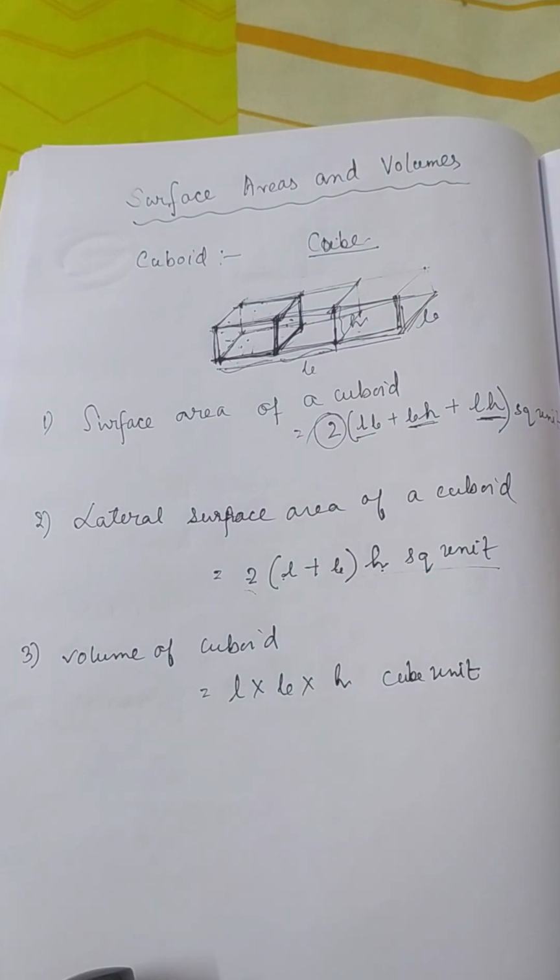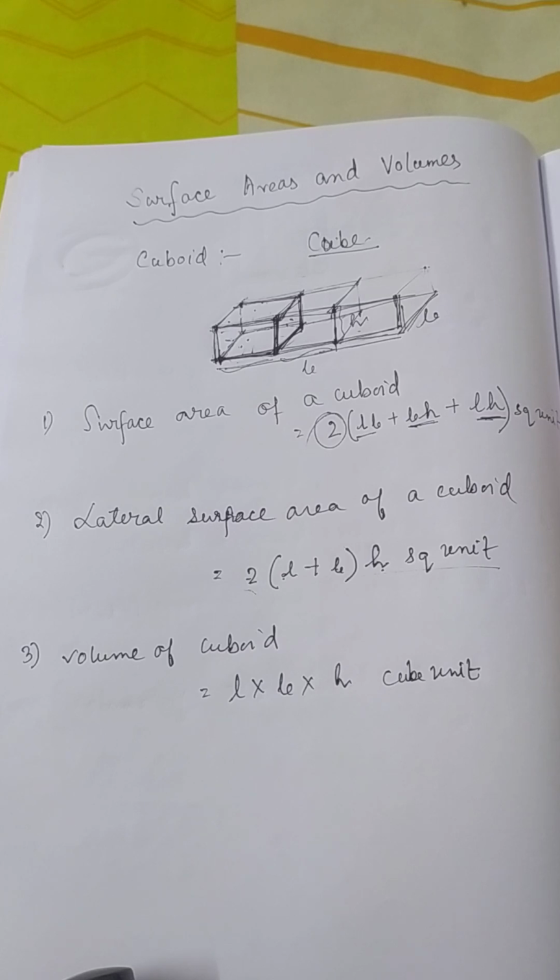So what is the difference between a cube and a cuboid? In my previous class, you already became aware of the square, which is a two-dimensional thing, and you know that a square has length and breadth, they are equal, right?